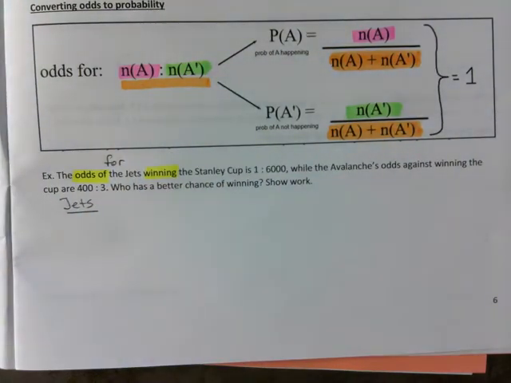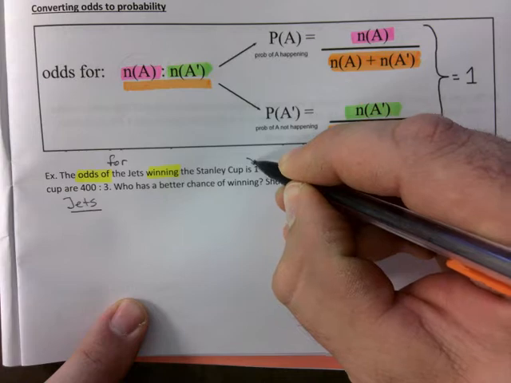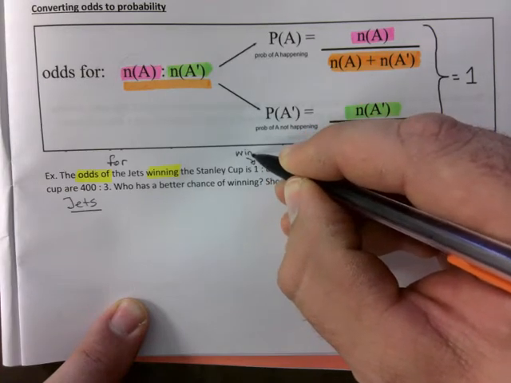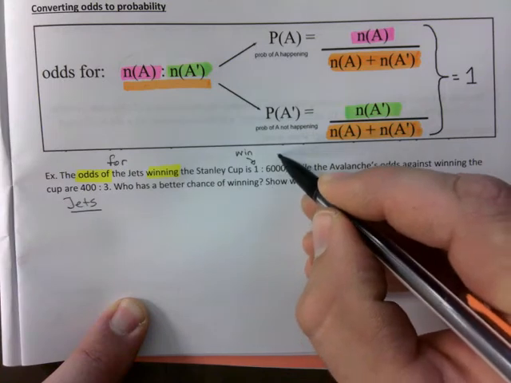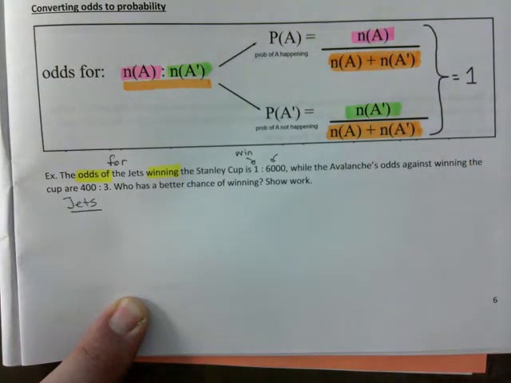Odds of is the same thing as for winning, which means that the first number represents win, right? And what does that second number represent? You're going to say losing, right? I'm going to say not winning. Are you okay with that? It's the same thing.